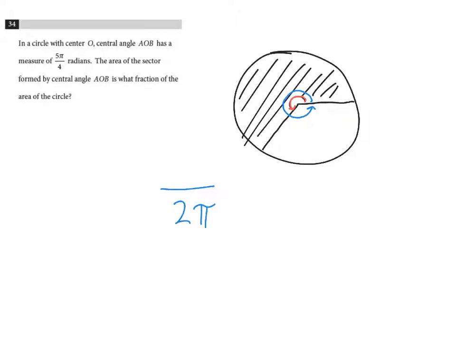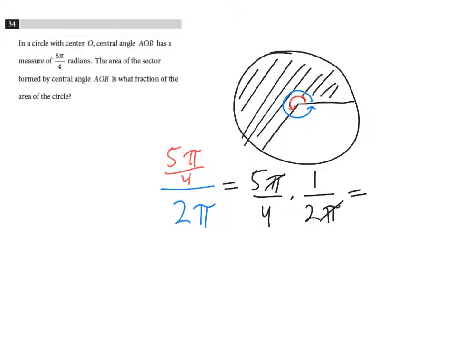The central angle that we're talking about is 5 pi on 4, and we can simplify this as 5 pi on 4 times the reciprocal of 2 pi. Okay, so pi's are going to cancel out, and we'll get 5/8. So 5/8 is the fraction of the whole area.